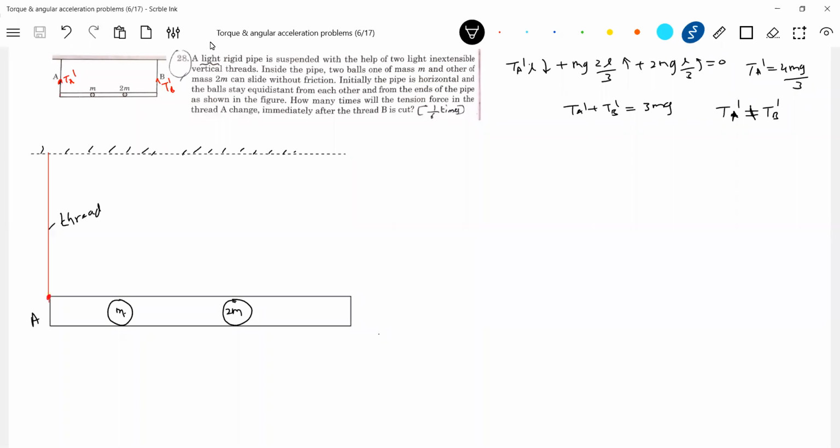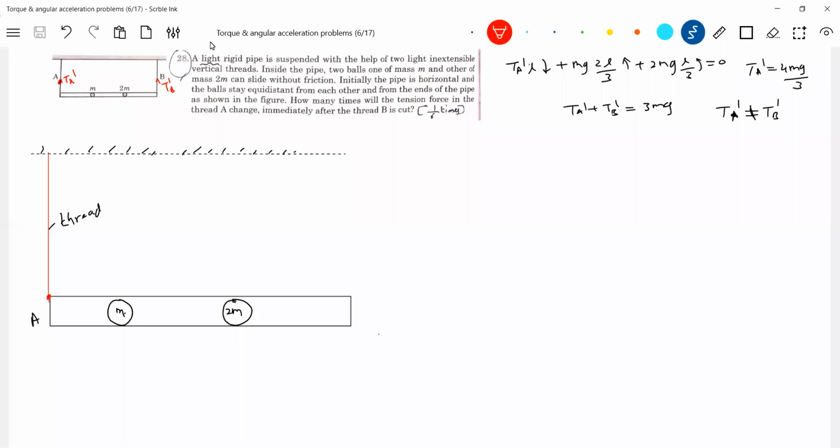About what point will the balls plus pipe rotate? For that we needed the forces that are acting.